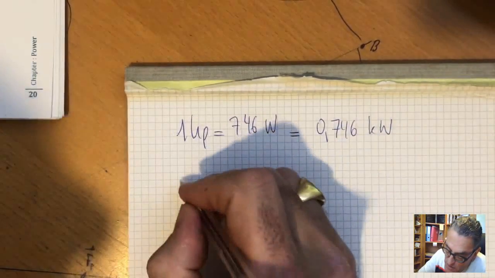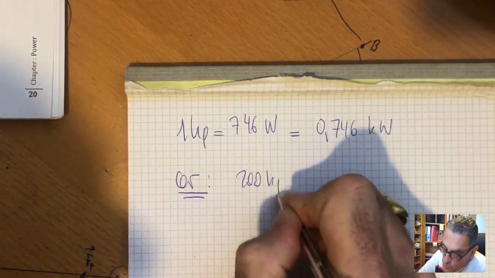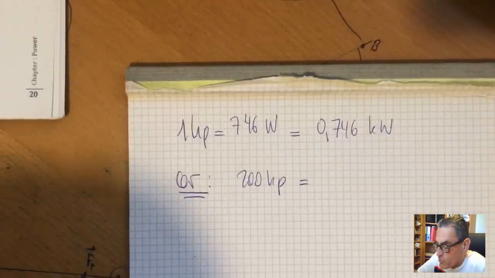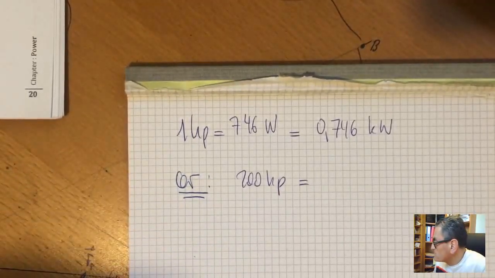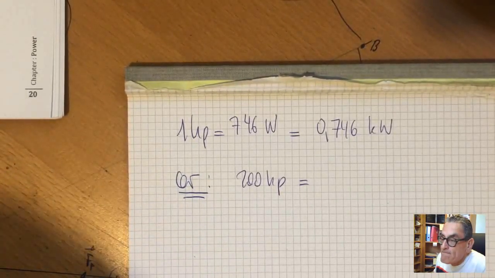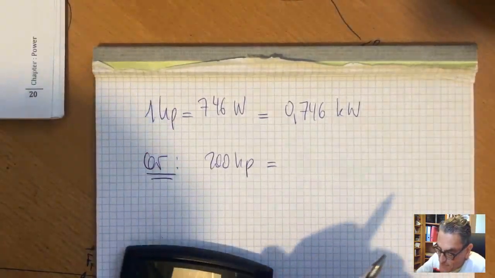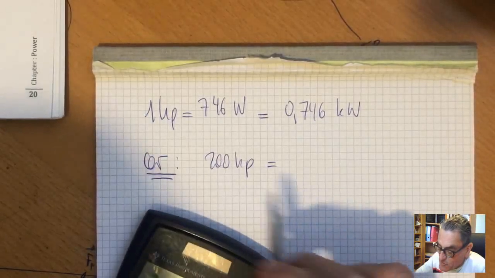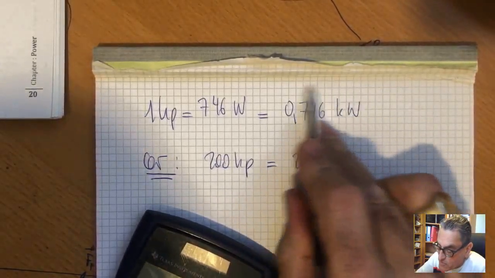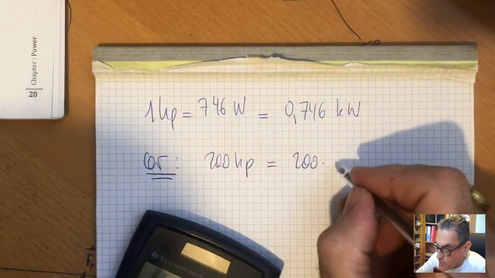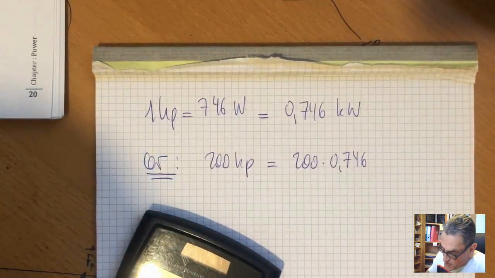Okay, so if you have a car and the car has a power of 200 horsepower, how many kilowatts is that? Can you compute that? Perhaps. Try it. Well, 200 horsepower, you do 200 times the value of 1 horsepower in kilowatts, which is 0.746.